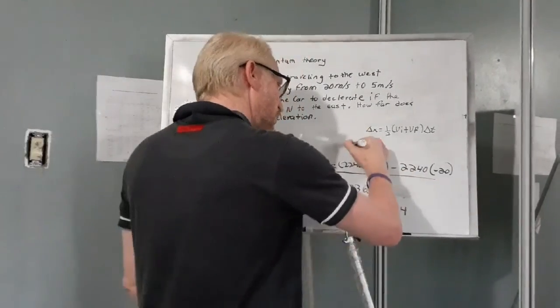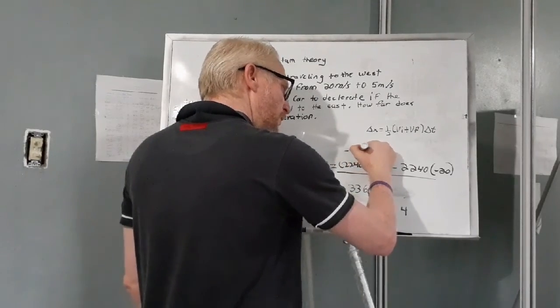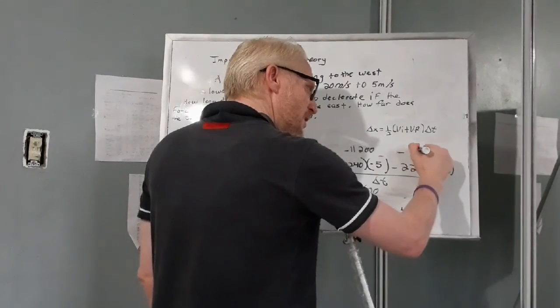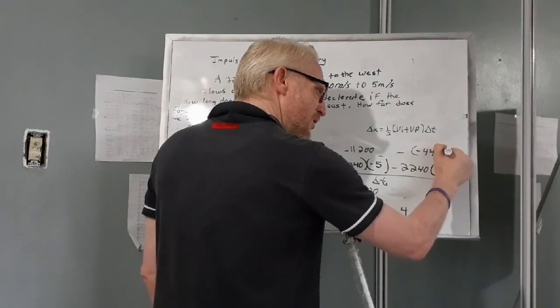Let me go ahead and write it. This is going to give me -11,200, and this is going to give me -44,800, okay?